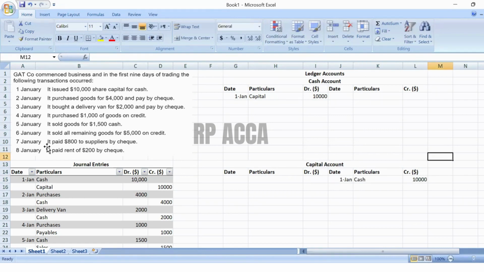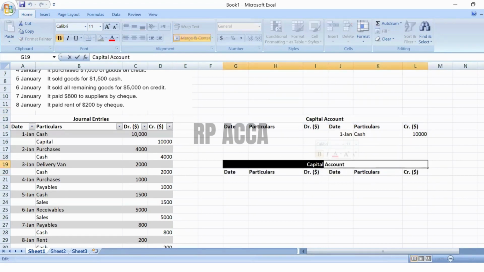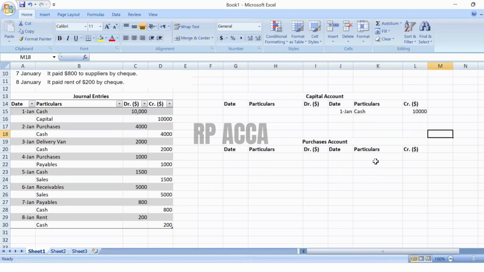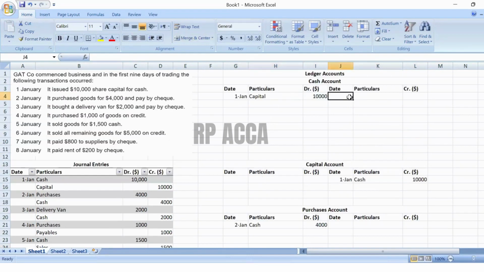Next transaction involves purchases and cash. Let's create purchases account and debit it with cash to say we have cash purchase. In the cash account, let's credit it as cash decreased.